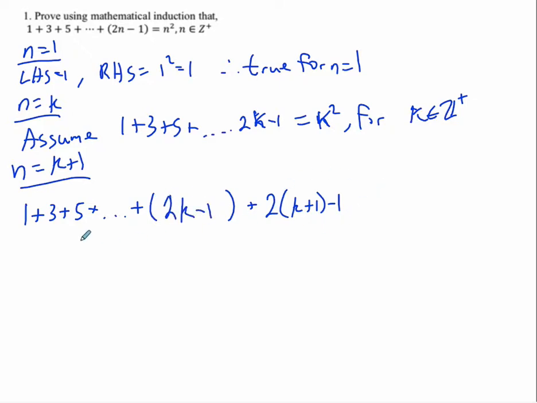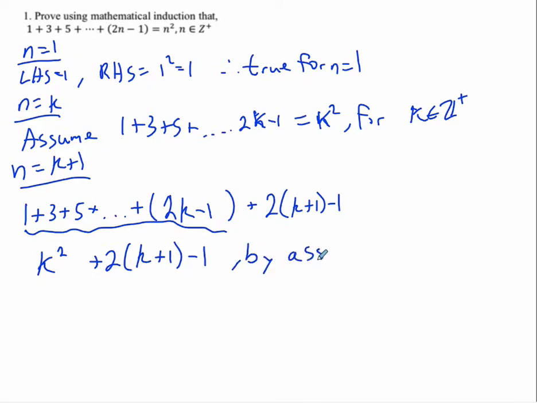Okay, so this is what our series looks like for k plus 1. And notice at this part we assume that this equals k squared, so we can substitute in k squared for this. Okay, so k squared plus 2 times k plus 1 minus 1 by assumption. And we sometimes call this the inductive step.